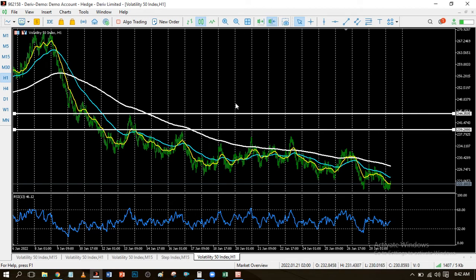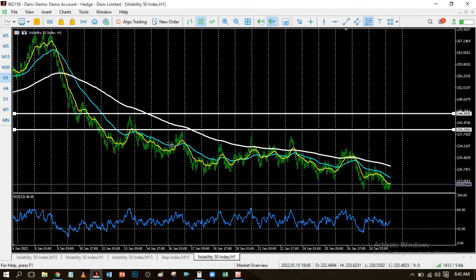The next thing you want to do is take your Fibonacci tool. You can see that this downward movement was what brought about this pullback here.